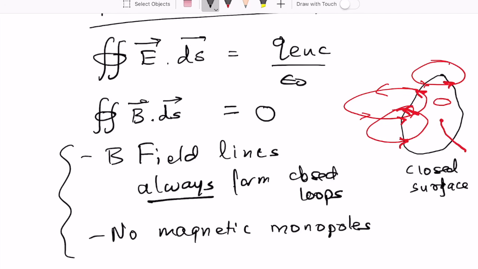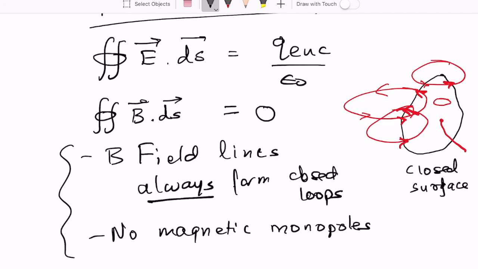In fact, about 10, 20 years ago, there was a tremendous interest in searching for magnetic monopoles, and many different techniques were thought up in order to try to detect them. There are no magnetic monopoles on Earth.